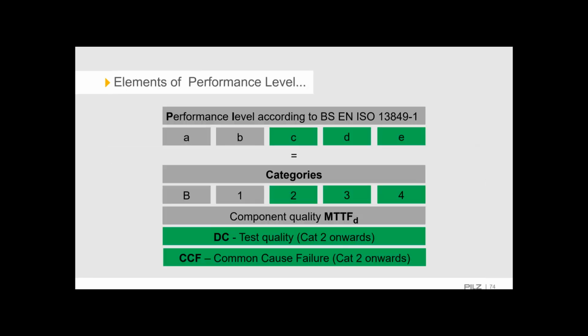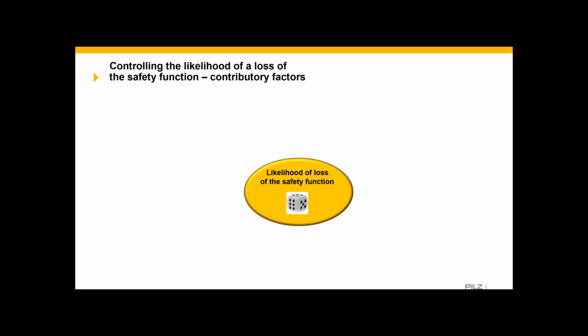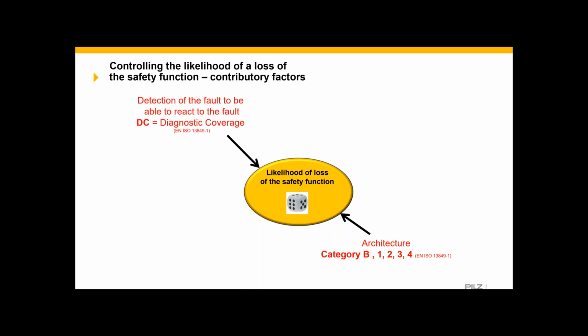And then we have a way of being able to cross-reference performance levels to categories, etc. Controlling the likelihood of a loss of a safety function. So how can we do this? It's a bit like rolling a dice. Really, it's made up of many contributory factors. So it's made up of the architecture, the detection of faults to be able to react to the fault.